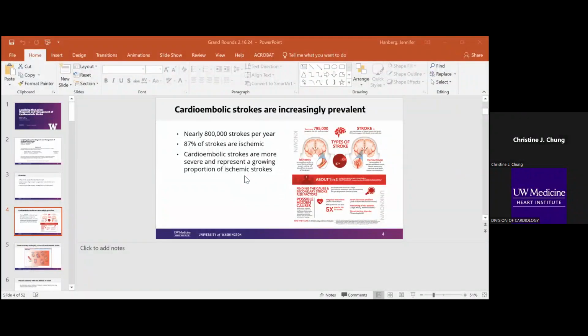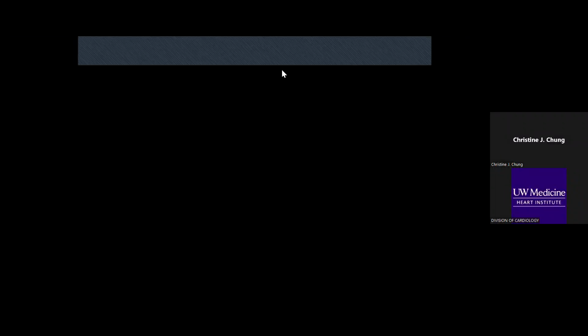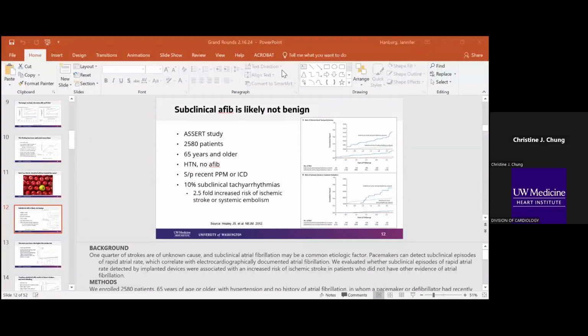Your slides are not sharing. It's sharing just the Zoom link. The slides weren't advancing. Oh, okay. We need to get her screen back up.